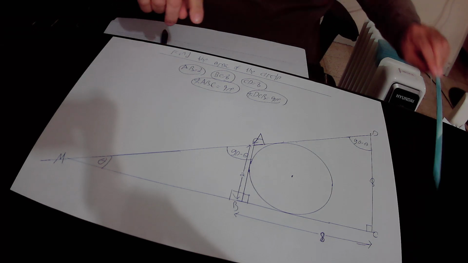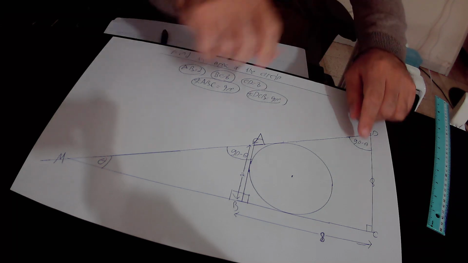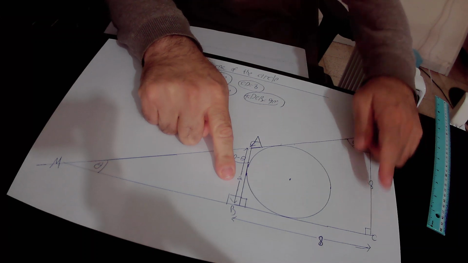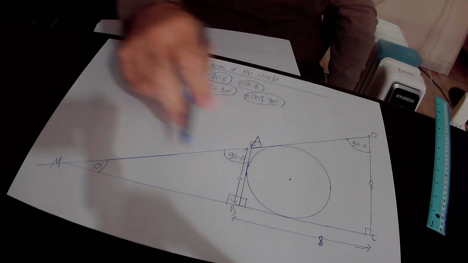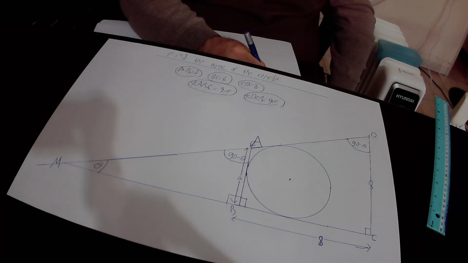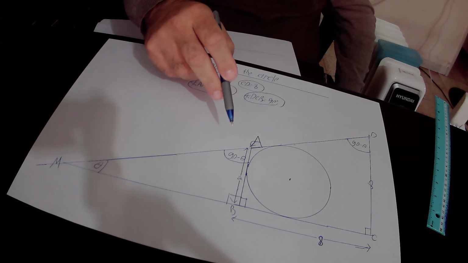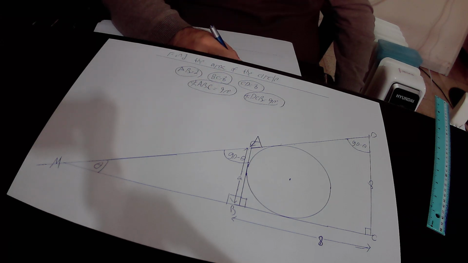So, why are those two right triangles similar to each other? First of all, those two angles are both equal to 90 degrees, therefore they are equal to each other.